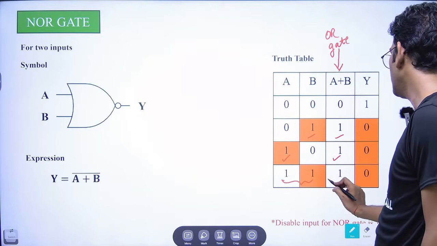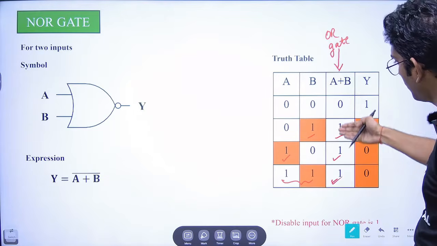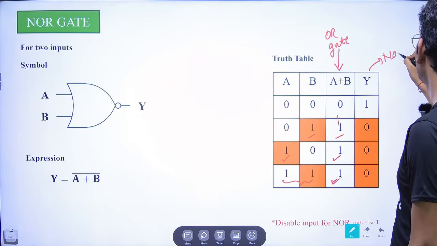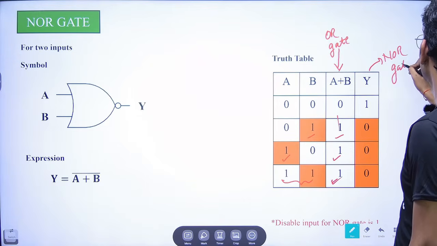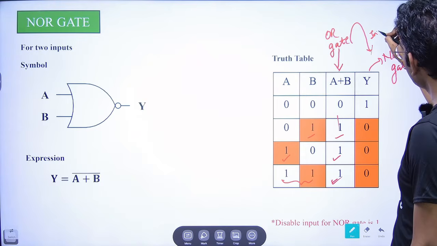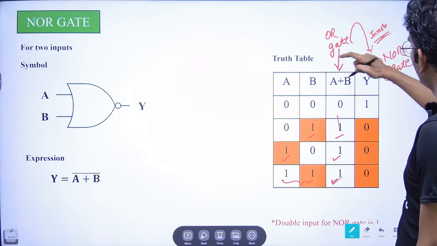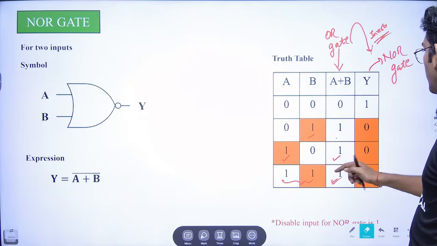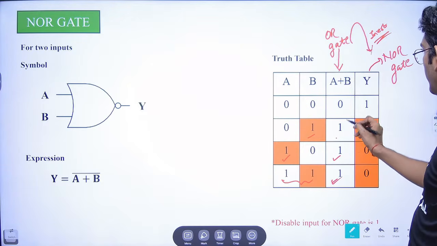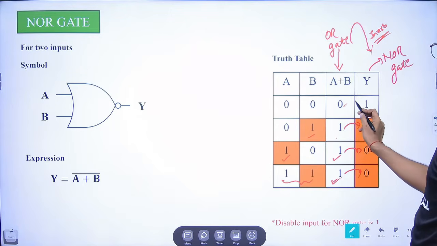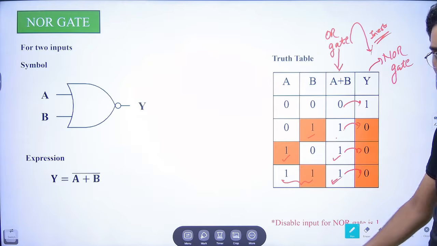Here both were 1, so we get 1. Now the NOR gate inverts this output of the OR gate. Wherever we were getting 1, we would get 0, and wherever we were getting 0, we would get 1 as our output.